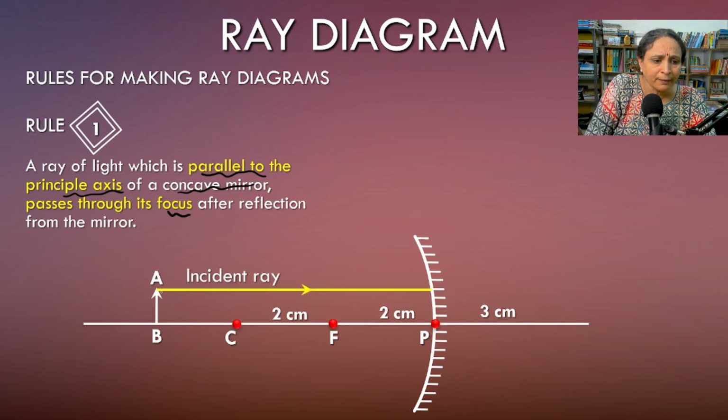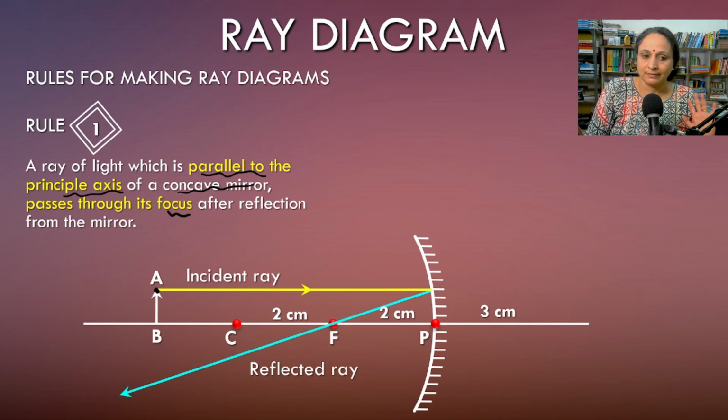There are infinite rays coming out of this object, but you are going to consider only one ray, coming out from point A and traveling parallel to the principal axis. After reflection it will pass through the focus. The yellow one is the incident ray and the blue one is the reflected ray. This is rule number 1.